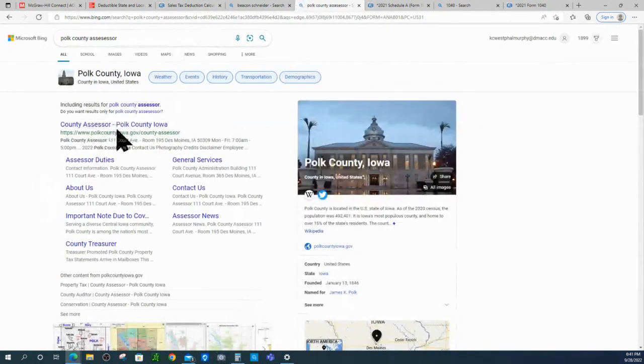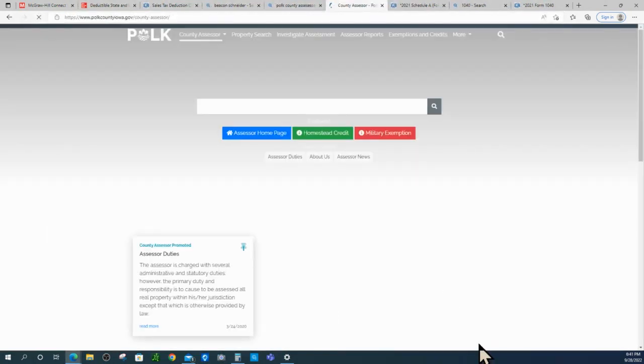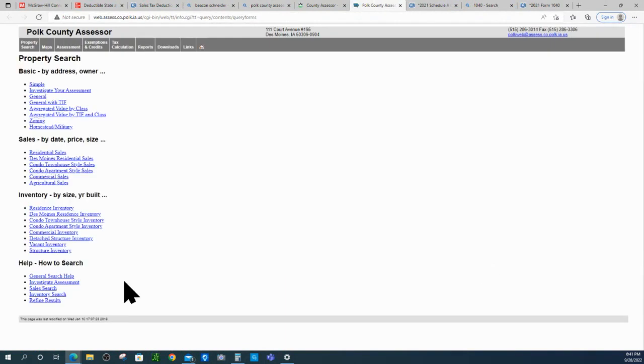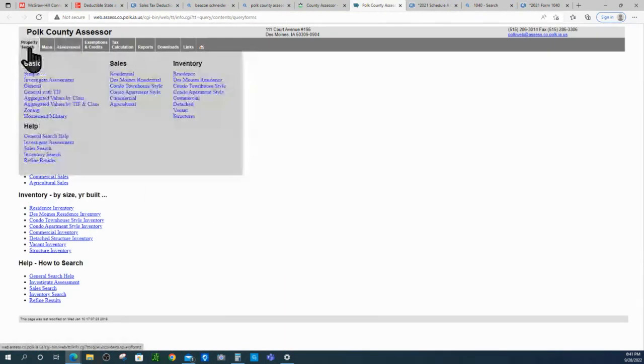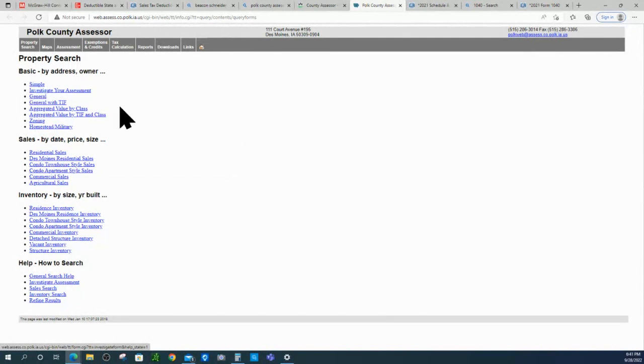Probably spelled that wrong. So the county assessor, Polk County, property search. Oh, you can look up residential sales as well. Simple search.